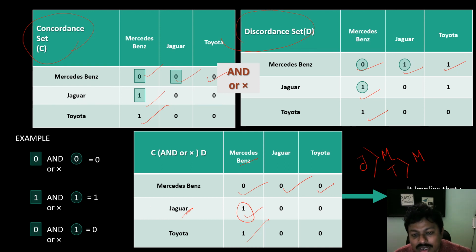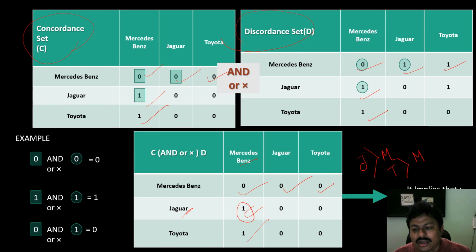Here we are comparing Jaguar with Mercedes-Benz, and there is a 1, so Jaguar is more important compared to Mercedes-Benz. And in case of Toyota, there is 1, so Toyota is more important than Mercedes-Benz.